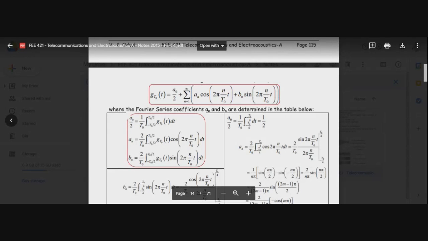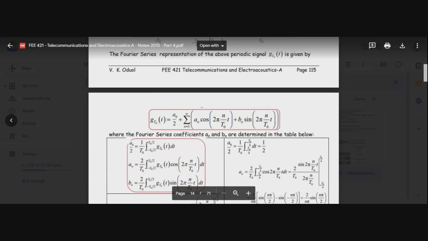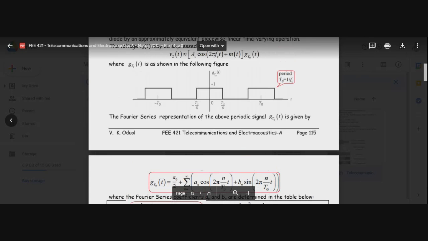The calculations in the box, some of them circled in red, are to get the a's and the b's. It's a square wave and it is symmetric about the time axis.